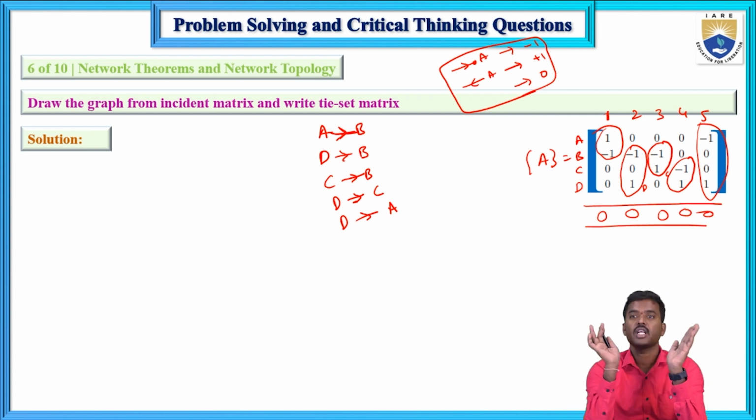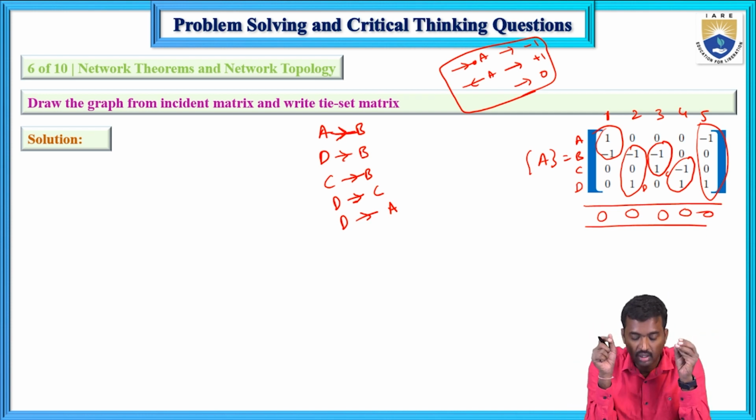Now from this relation we can easily draw the graph.